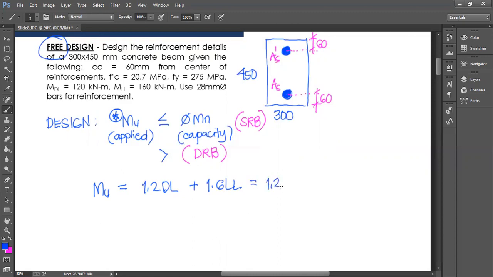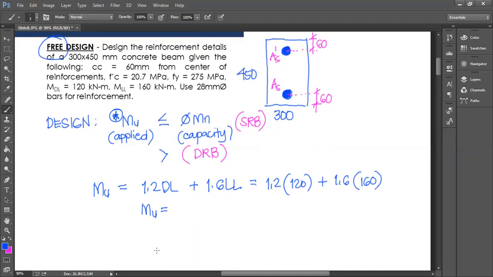So equal to 1.2 multiplied by dead load, which is 120, plus 1.6 multiplied by 160, of which we will arrive at an ultimate moment of how much? So tingnan natin.